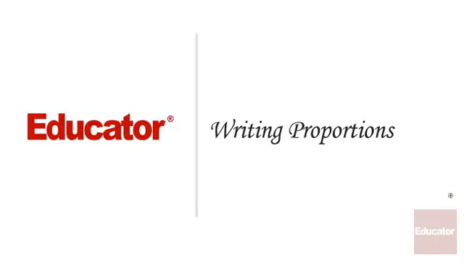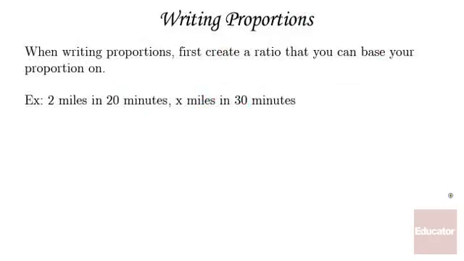For the next lesson, we're going to continue proportions. We're going to actually write proportions and then solve them. When we write proportions, it's easier if you first create a ratio that you can base your proportion on.